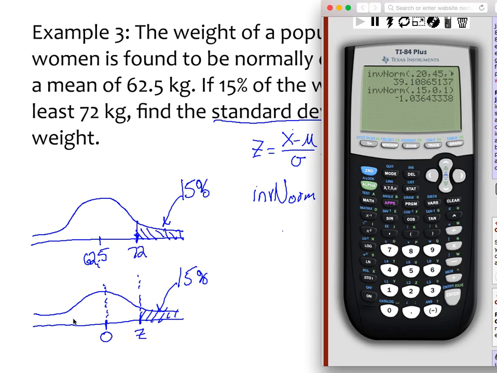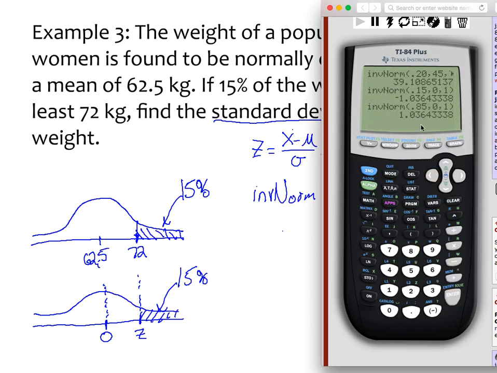So what happened? Again, what happened here is that the area that I was given and paying attention to is not the area required by the inverse norm, right? The area required by the inverse norm is the area to the left of the value that you're looking for. And so the 0.15 is not the right area. We want 0.85, and that gives us the correct z-score.